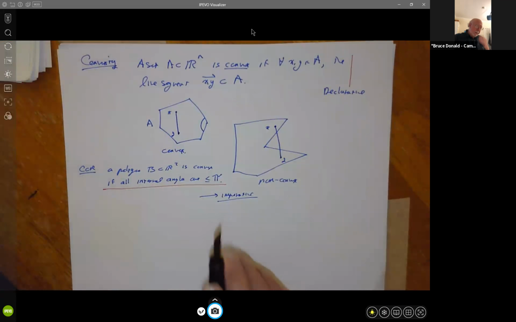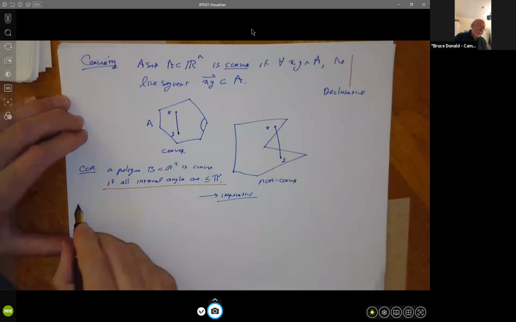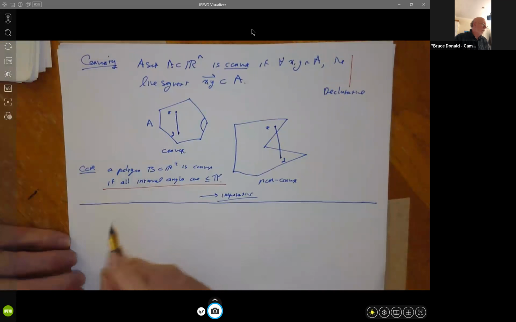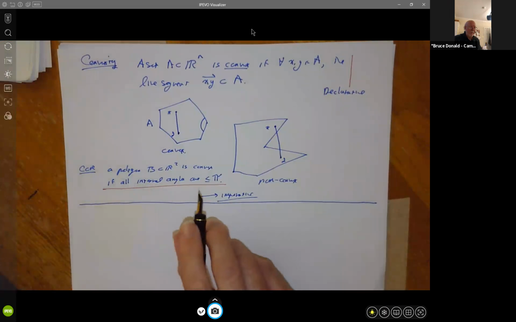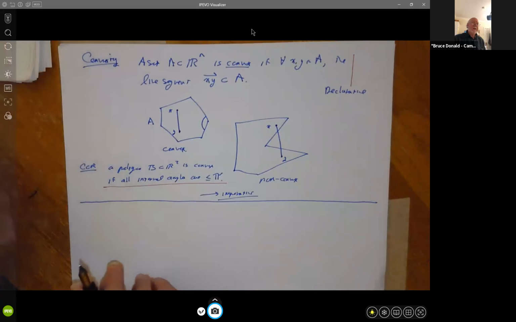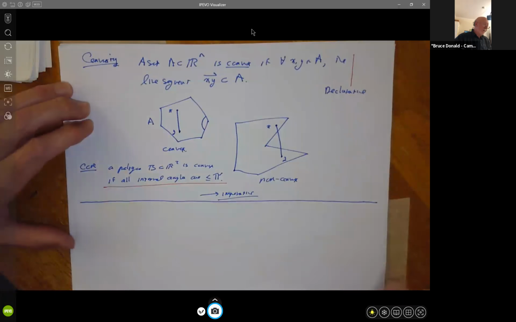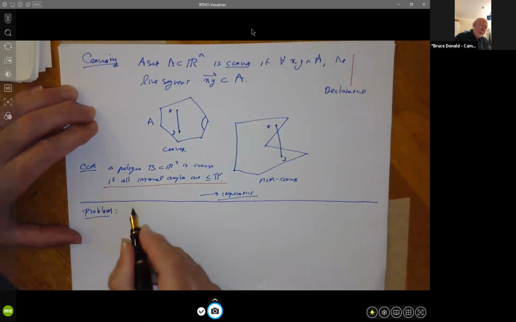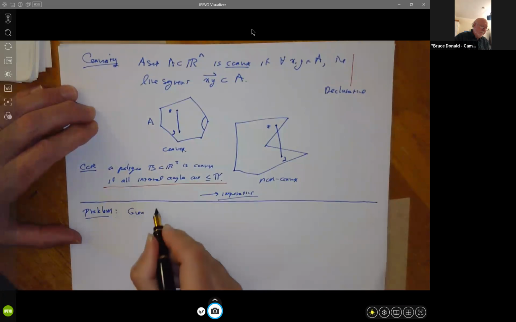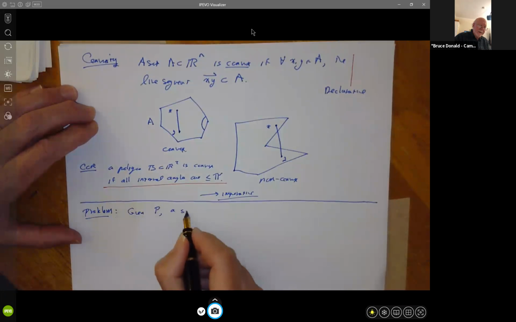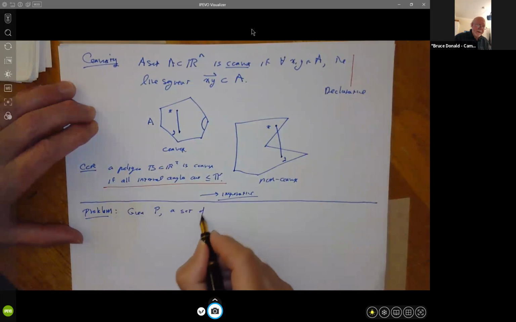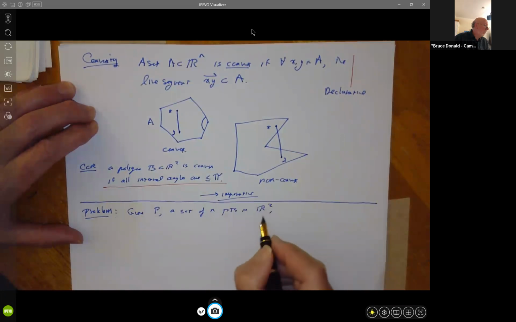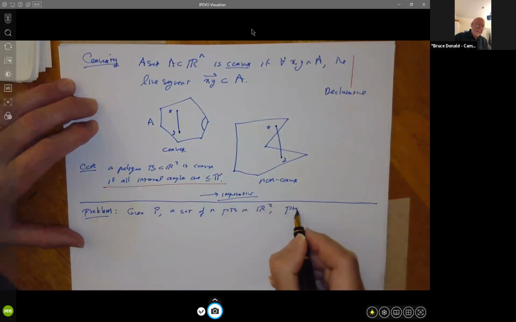So let me give you a problem and kind of ask how we would do this that relates to this. Here's a problem that comes up repeatedly in computer graphics, robotics, computer vision, data science, and so forth, which is: given a bunch of points, can we put a convex polygon around them? So given P, which is a finite discrete set of n points in the plane, we want to prove 2 things.